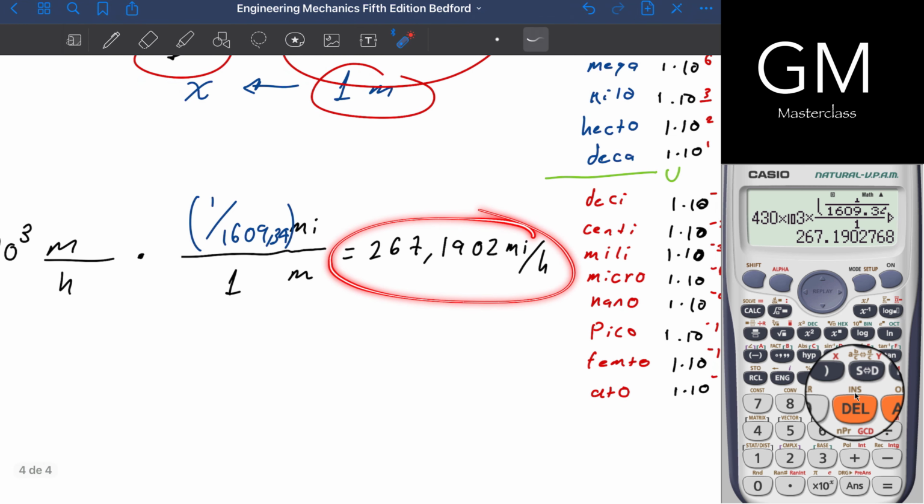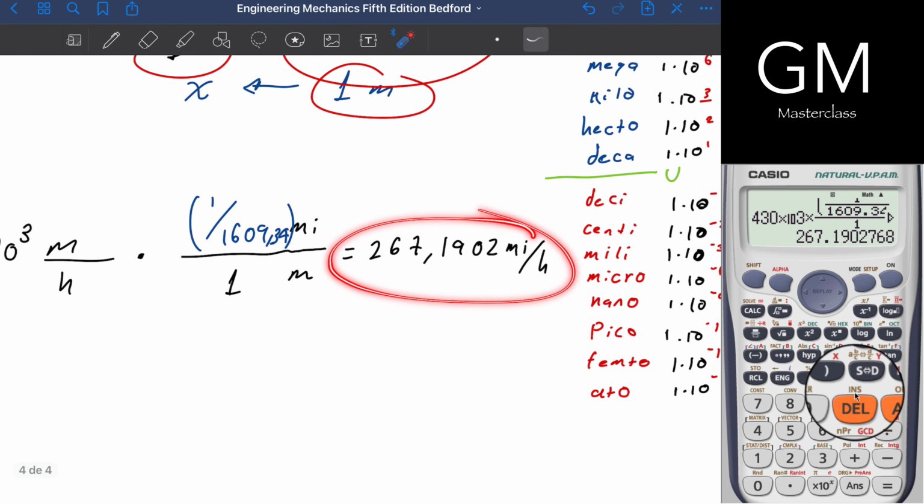Then the second one, feet per second. So, meters per hour. I already know that 1 meter is equal to 3.28 feet, 3.281 actually, if we want to be more accurate.